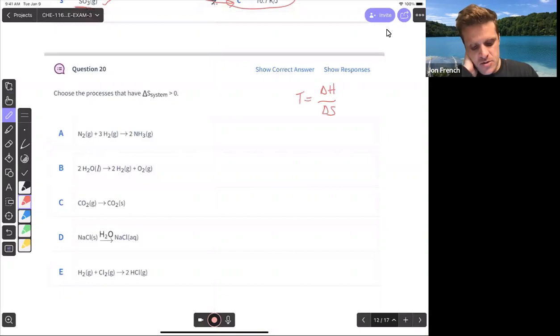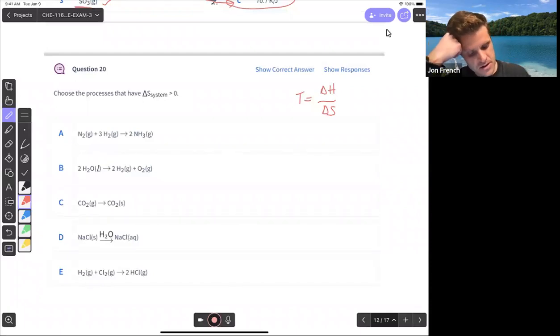Question 20, right? Choose the process where our change in entropy increases. So we can increase entropy through phase change, through temperature, through increasing number of moles, concentration, increasing volume. So if we take a look at these, there's more than one correct answer for question 20.